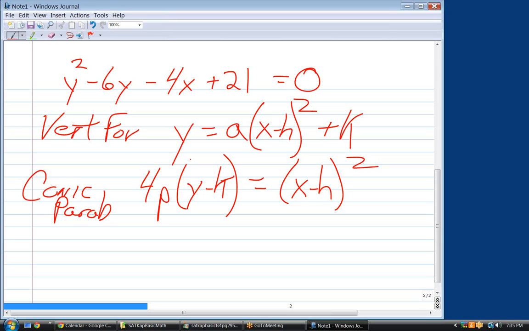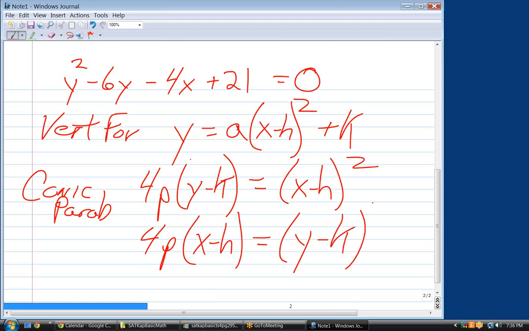And that's a vertical parabola. So if I want to know what a horizontal one, the general format is, I know that this 4p goes in front of the term that is not being squared. Okay? So a horizontal one would be, okay, so this is vertical, this is horizontal.